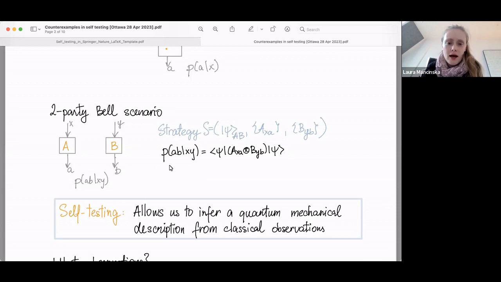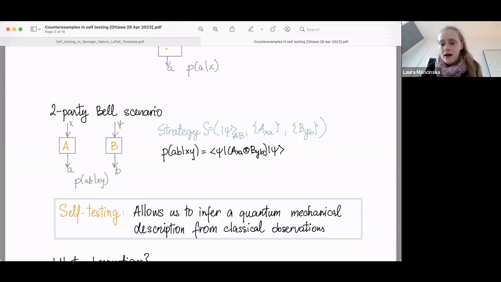And then again, if I know the state that's being measured, then I can use the rules of quantum mechanics to tell me that the probability that I'm going to observe outcome A from Alice and B from Bob, given that I input in these boxes X and Y, so selected these measurements X and Y, is given by this expression.